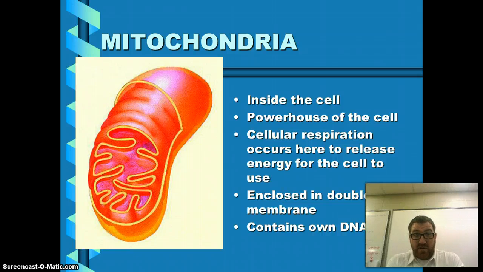Also, a unique feature of the mitochondrion is that it contains its own DNA. The only other structure to contain DNA in the cell is the nucleus, but your mitochondrion has its own. So, take-home message on the mitochondrion, it's where the power gets pumped out for the cell. It's where respiration occurs as well.